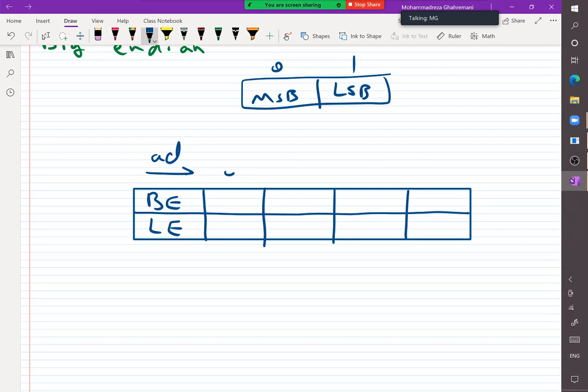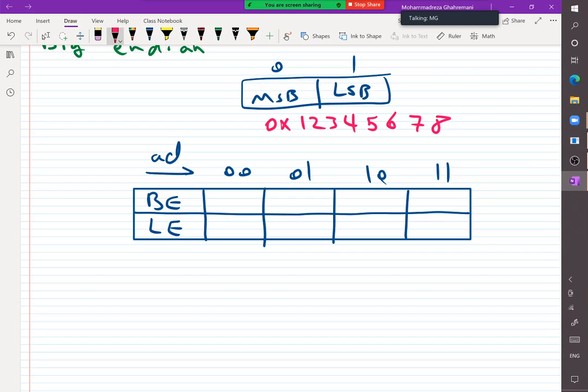So address 00011011, and we want to store this number. What is the number? The number is hexadecimal 1, 2, 3, 4, 5, 6, 7, 8.